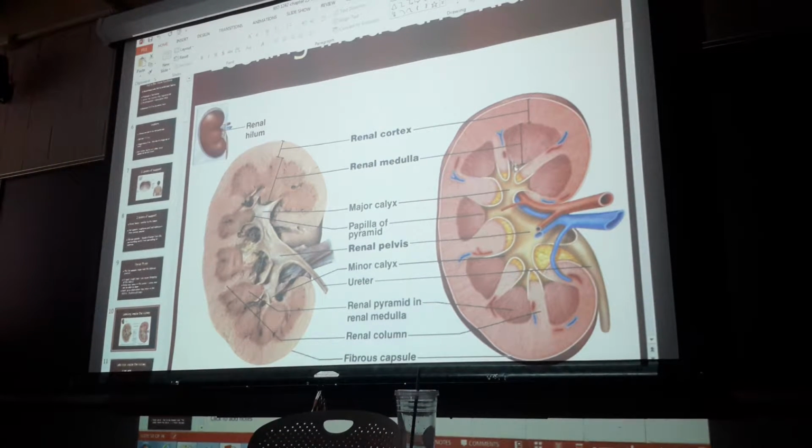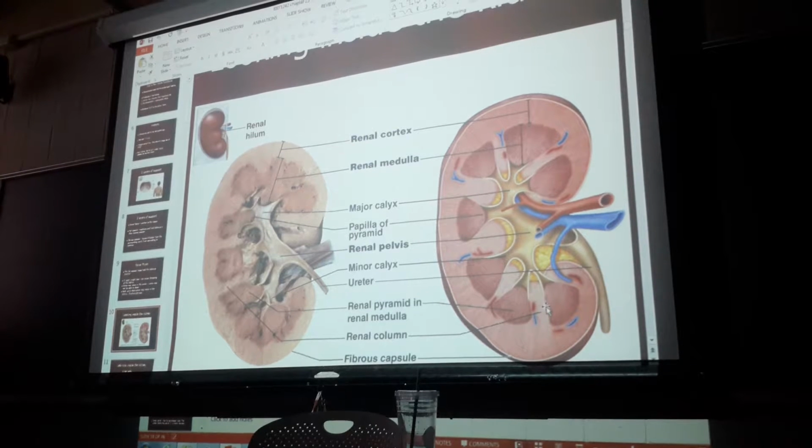Both renal cortex, renal medulla. So the cortex is this outer shell, and the medulla is this inner area. Inside the renal medulla, we're going to have these little pyramids, called renal pyramids. So we have 1, 2, 3, 4, 5, 6, 7. We have 6 to 8 renal pyramids.